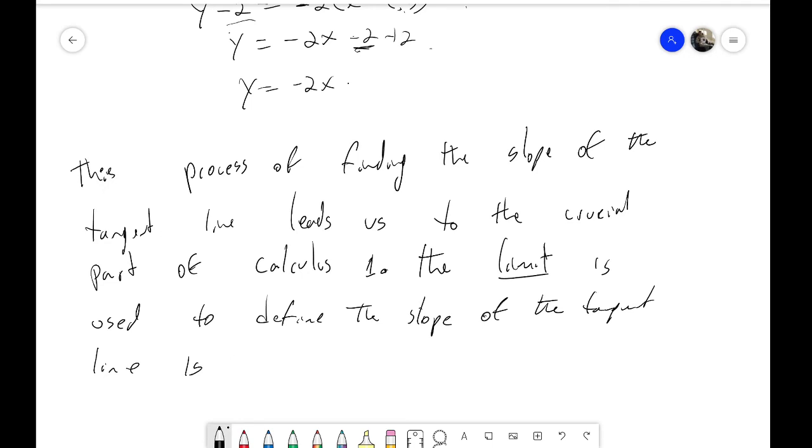It's also used to define the derivative. We call this differentiation. It's supposed to be an A down there.